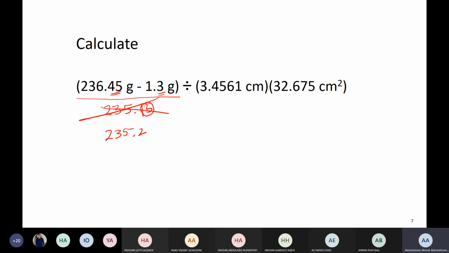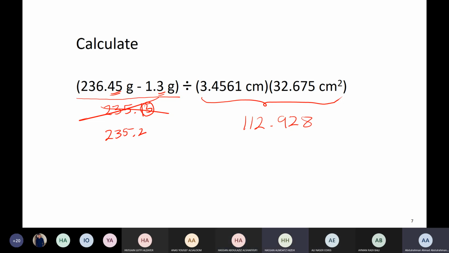Good. How about multiplying these two together and give me the answer very quickly. 112.93. Give me more. 93 what? 928, which is 5 significant. Very good.